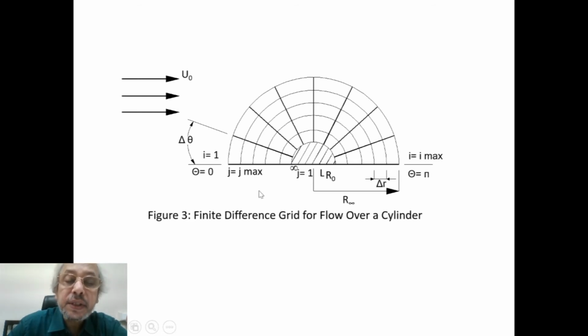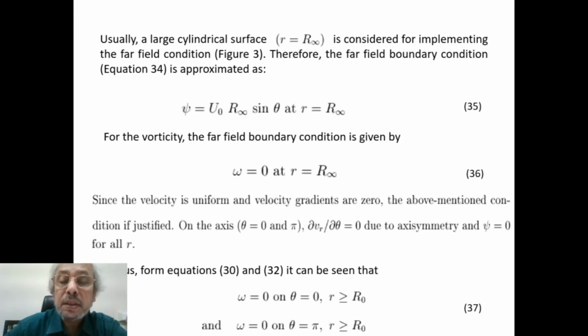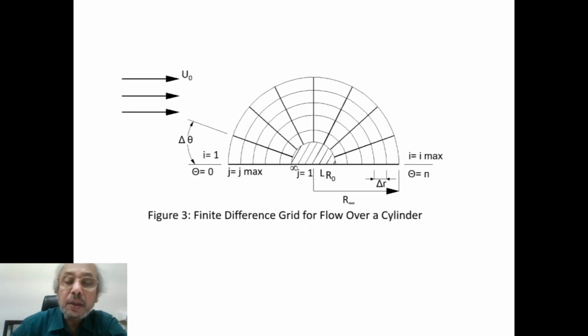The lower half is exactly symmetric, so the gradient in the theta direction is 0, and psi equals 0 at all r on the axis.